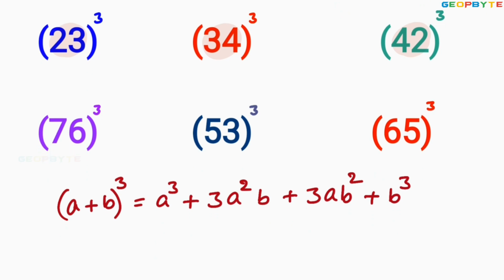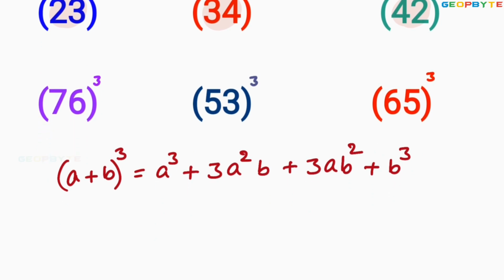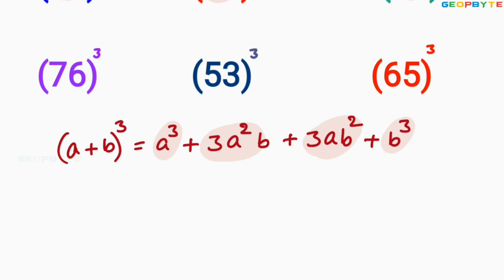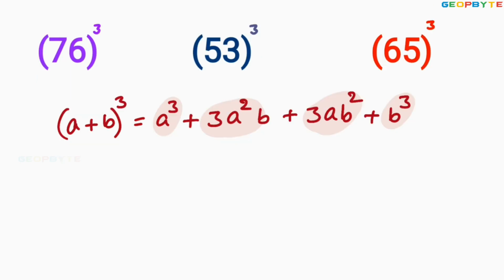Look at (a plus b) whole cube: a cube plus b cube plus 3a square b plus 3ab square. If you remember this simple formula, you can get the cube of any two-digit number just within 3 seconds. Let us take an example.